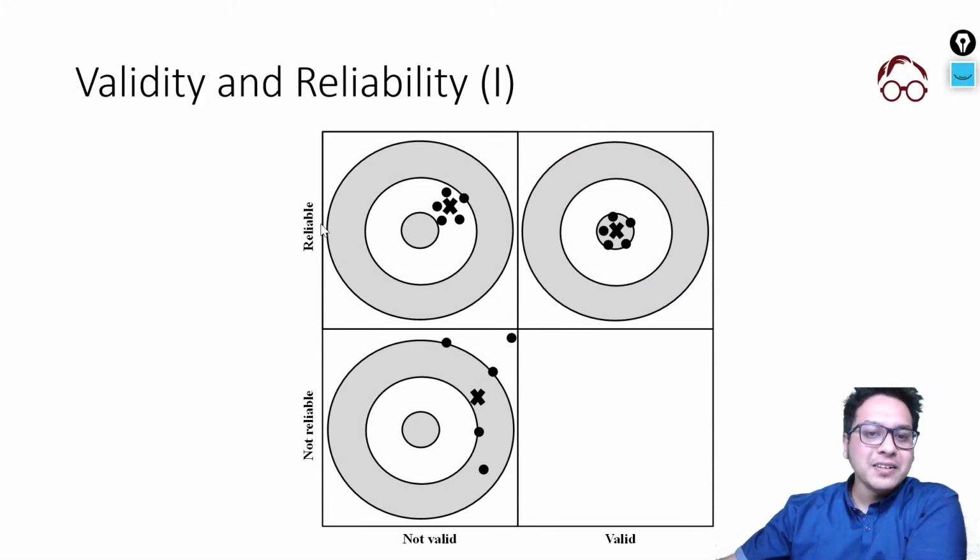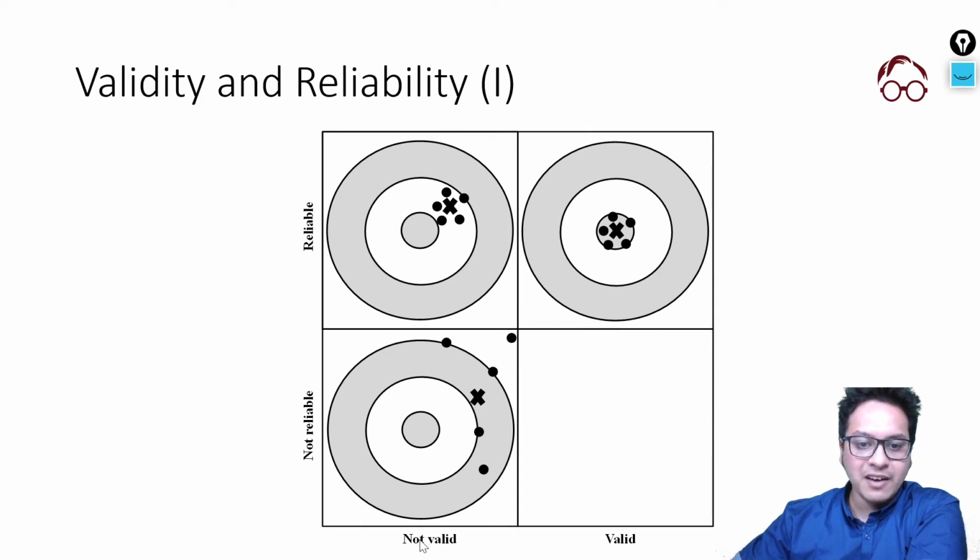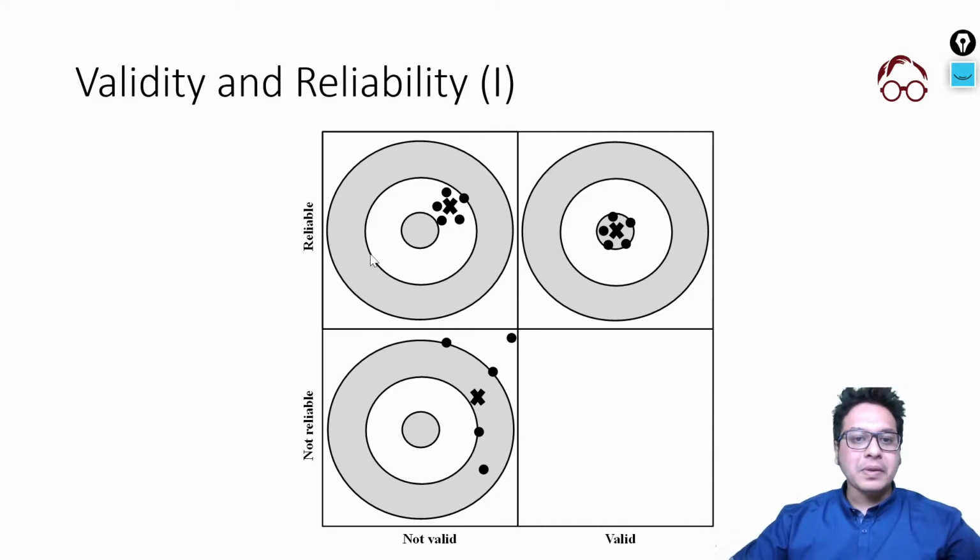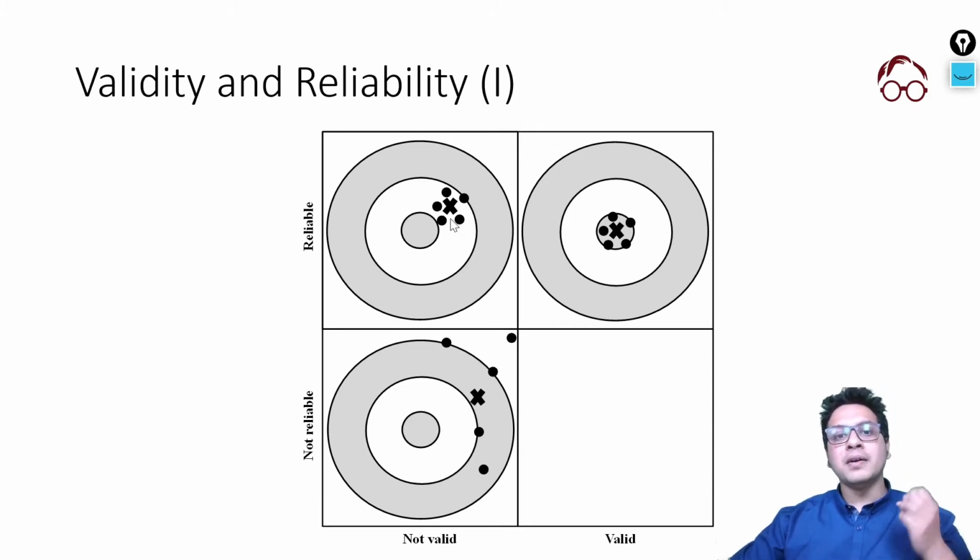Here we have reliable and not reliable, and here we have not valid and valid. Let's say we have 5 questions to measure a latent variable, and the cross here is the average score of these 5 measurement items. When the average score is equal to the true score, that would mean the concept is valid.